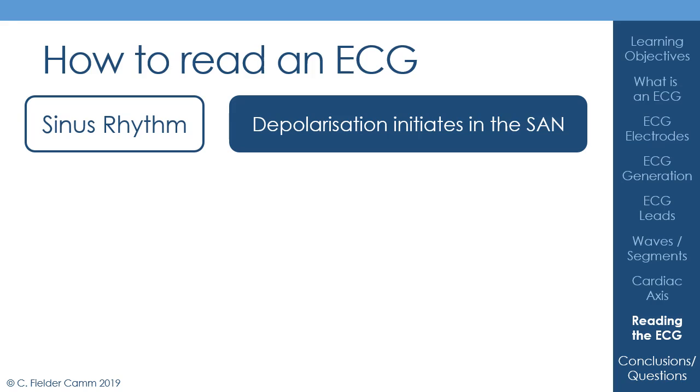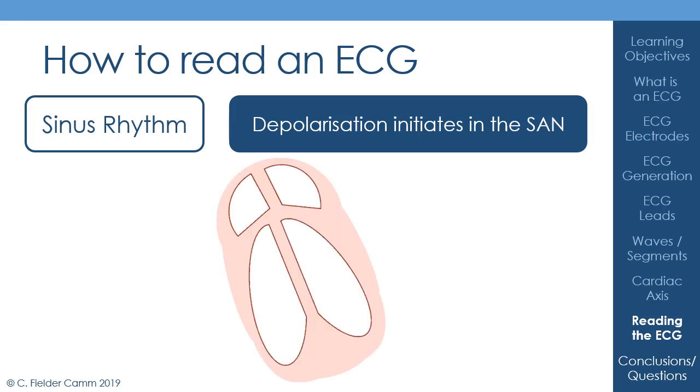So to say that it's sinus rhythm, we really need to say, well, actually, does this look like it's coming from the sinoatrial node? And to tell that, we need to go back to our schematic of the heart and remember that the sinoatrial node is at the sort of upper outer aspect of the right atria. And so unsurprisingly, the depolarization coming from the top right to depolarize across both atria must go towards the bottom left.